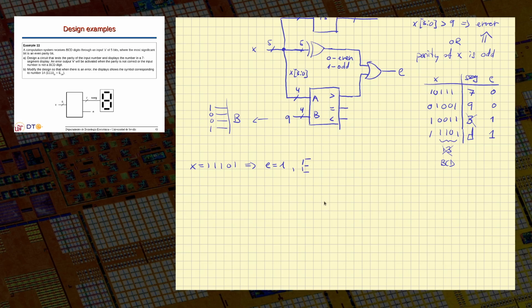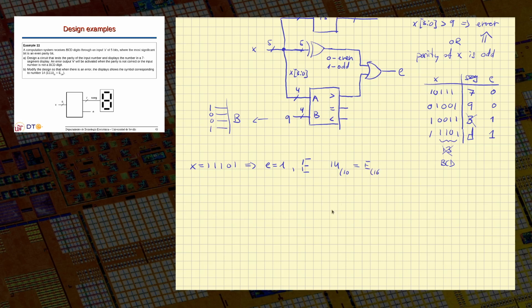E, that we can understand is an error, E from error. And we can do that if we represent number 14, because the hexadecimal E is equivalent to number 14 in decimal.